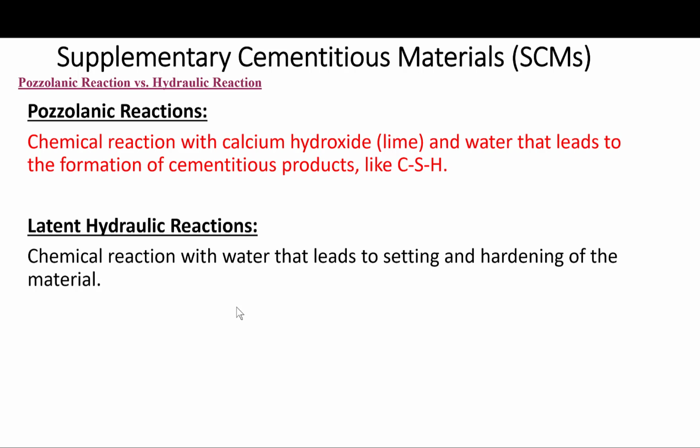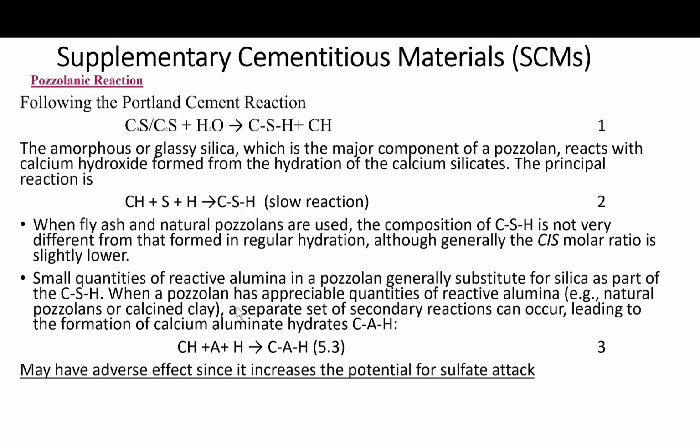Okay, so let's look more at the pozzolanic reactions. Following the Portland cement hydration reaction, where the hydration of C3S or C2S with water results in calcium silicate hydrate and calcium hydroxide, the amorphous or glassy silica, which is the major component of pozzolans, reacts with calcium hydroxide formed from the hydration of the calcium silicates as above in equation 1.